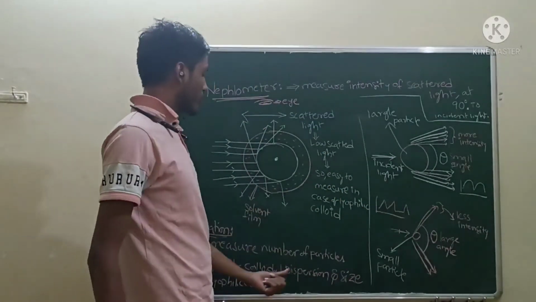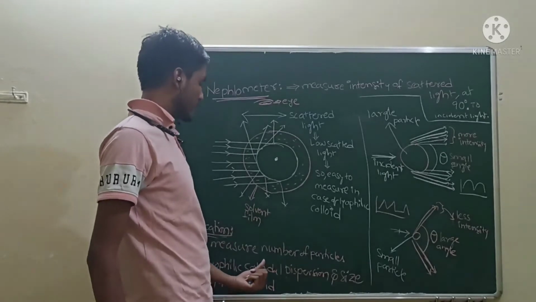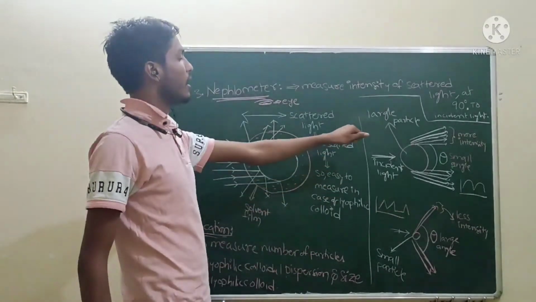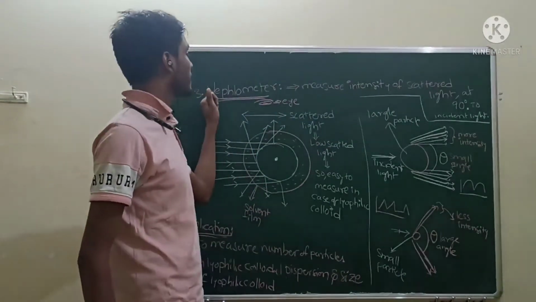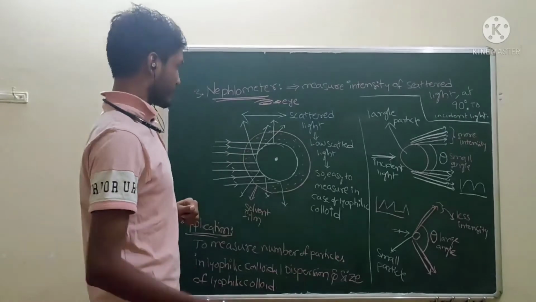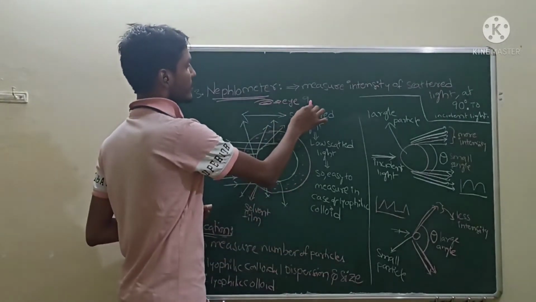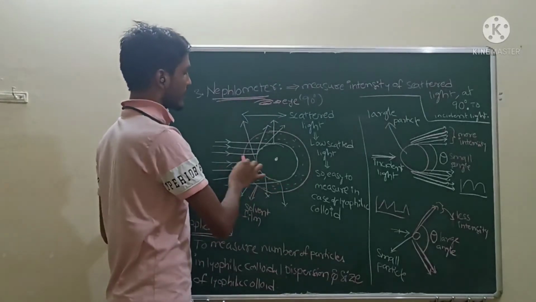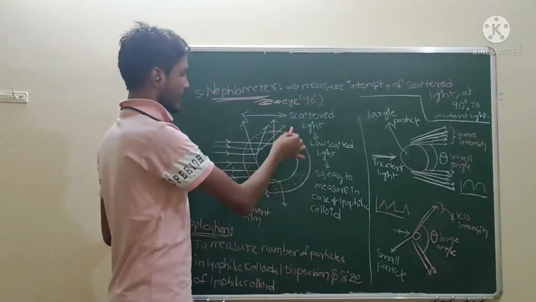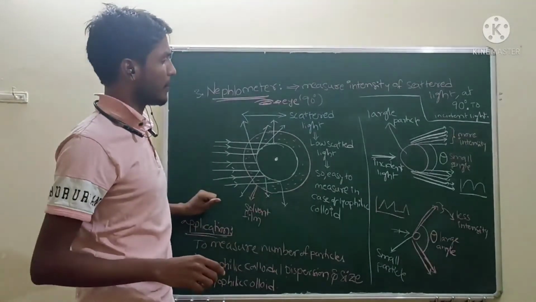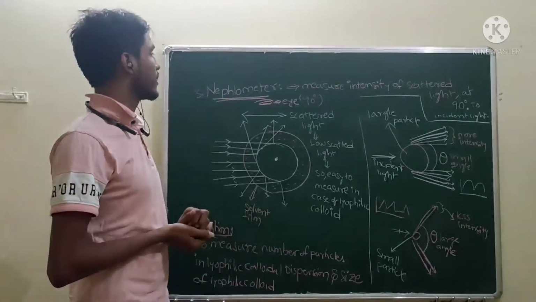The number of particles in the lyophilic colloidal dispersion and the size of lyophilic colloid can also be determined by using the nephelometer, measuring the angle at 90 degrees to the incident light. This is the major principal application of the nephelometer.